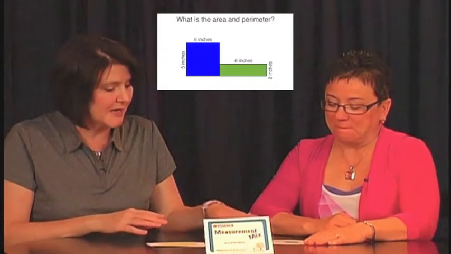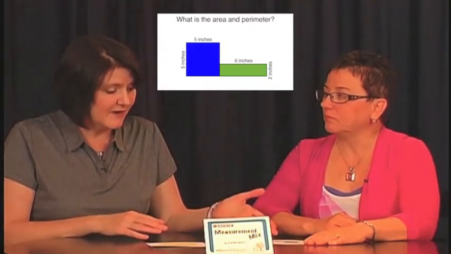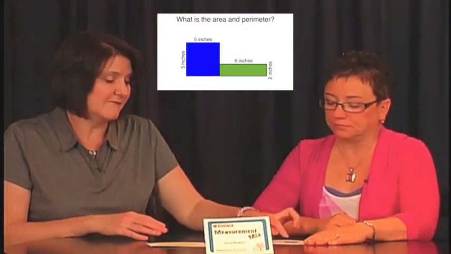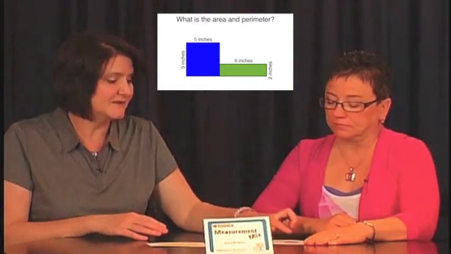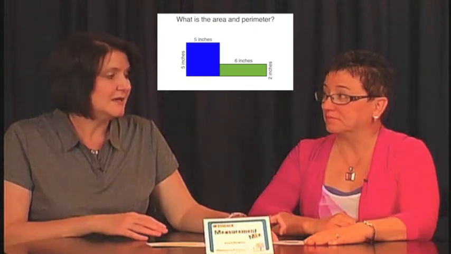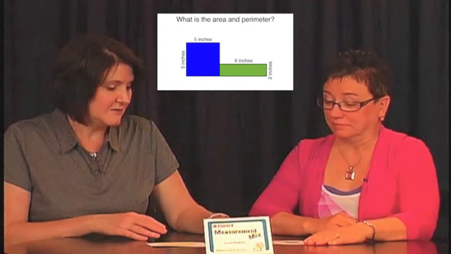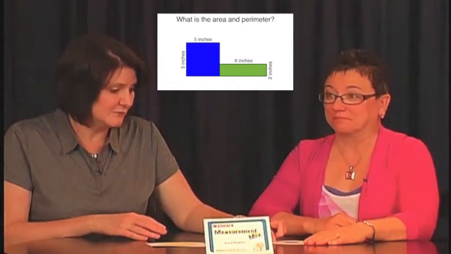Perimeter, I'm going to have to do a little bit more work, and some kids may have to redraw and actually put their numbers in, because you probably don't want them writing on the cards themselves. But I know that bottom piece of the square is 5. I know that bottom piece of the rectangle is 6. So right now I have 5 plus 5 is 10, plus 5 is 15, plus 6 is 21, plus 2 is 23, plus 6 is 29.